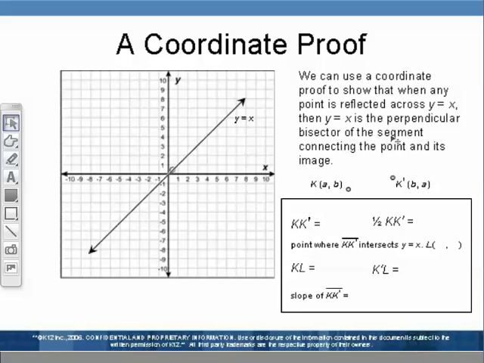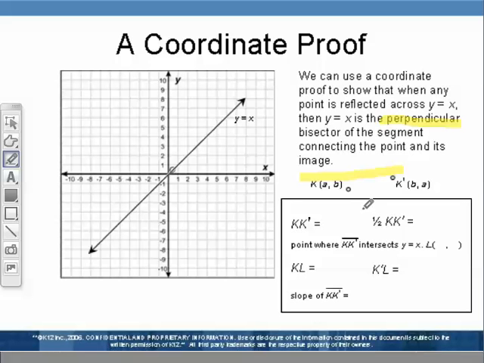Well, if we want something perpendicular and we want to show that it's a perpendicular bisector of something, one of the ways that we might be able to do that, it says right here perpendicular, is by using slope. So considering I've got 2 points, I could find the slope of the 2 points and compare them.